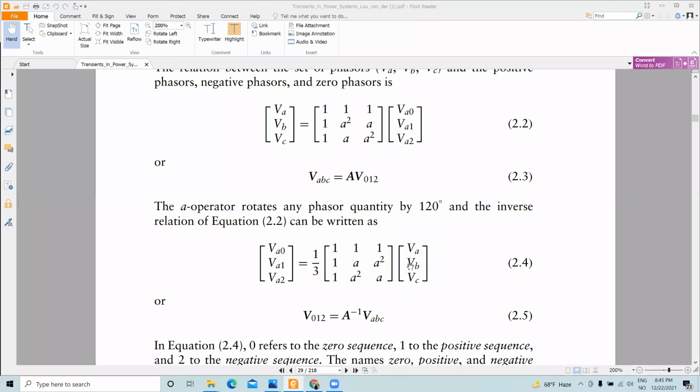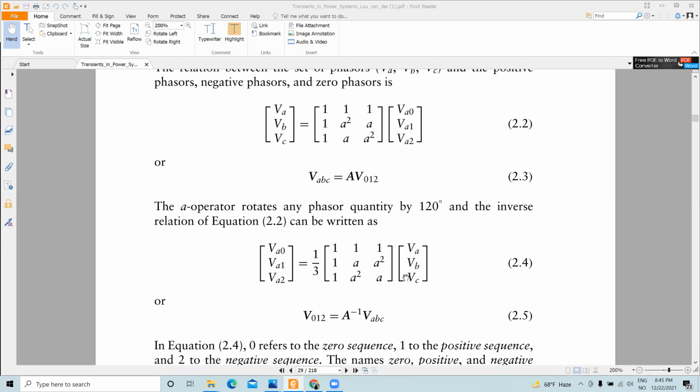That means that if you have an asymmetrical condition for different VA, VB, and VC, you can calculate VA0, VA1, and VA2 by inverting this. So from here, if you invert this part, you get 1 over 3 and this part.